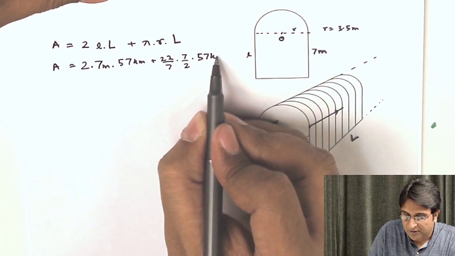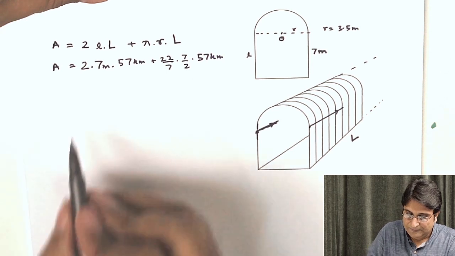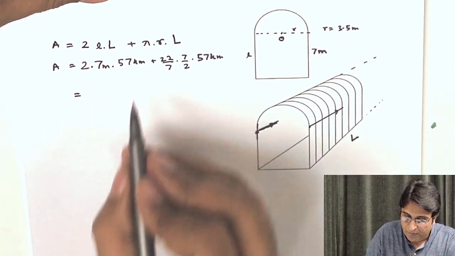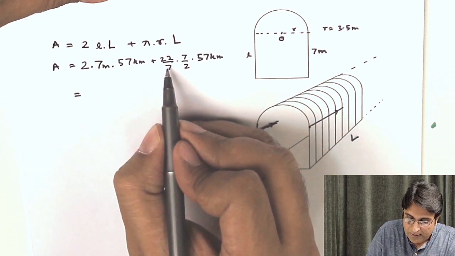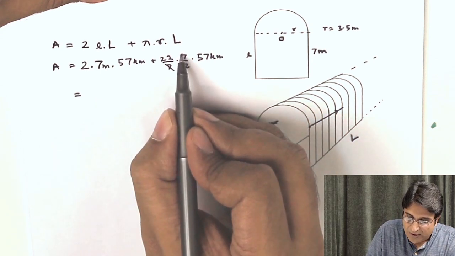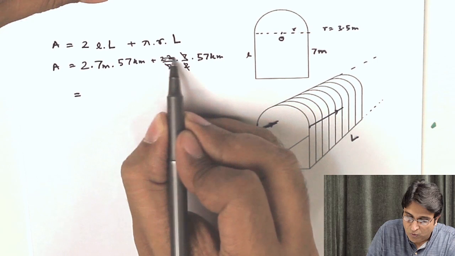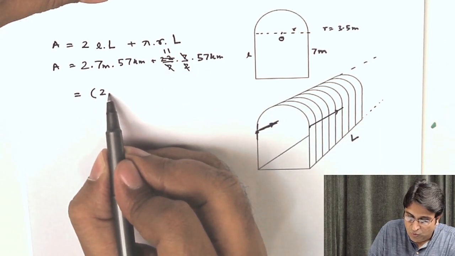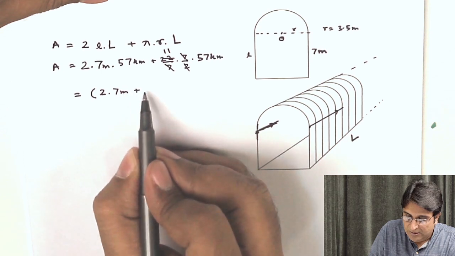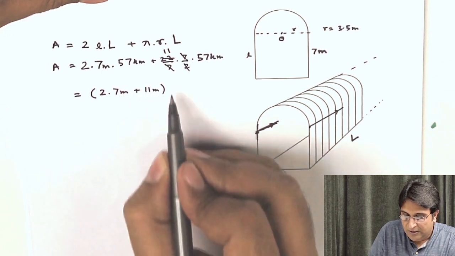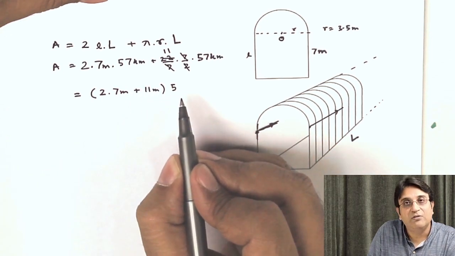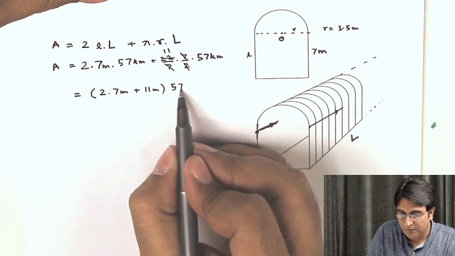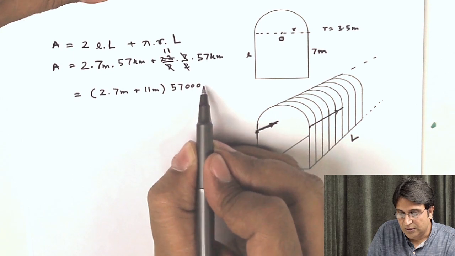Length is 57 kilometers. Now what I'll do is, I'll take out 57 kilometers common, and before going to the next step, I'll also cancel 7 and 7 and 2 and 22. So I'll essentially get 2 times 7 meters plus 11 meters into 57 kilometers, which is 57,000 meters.